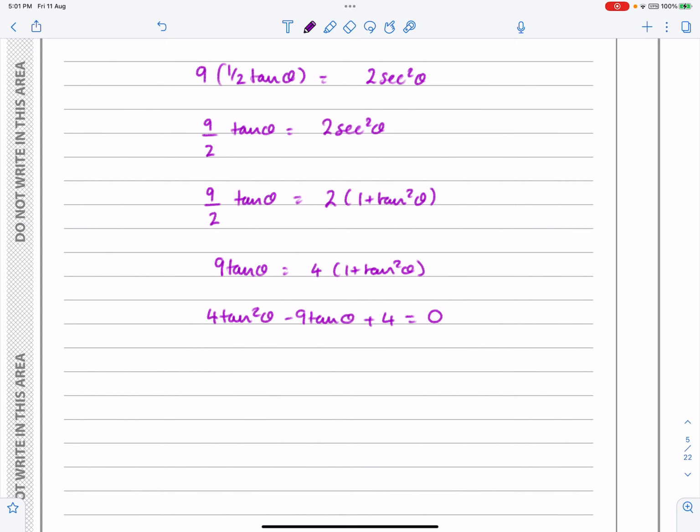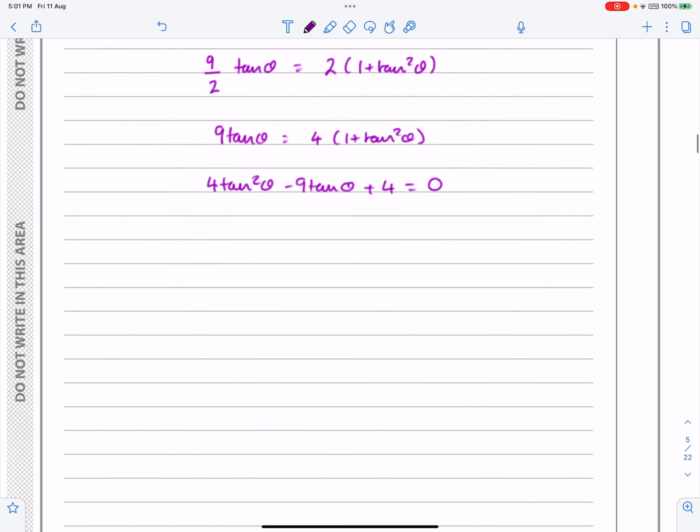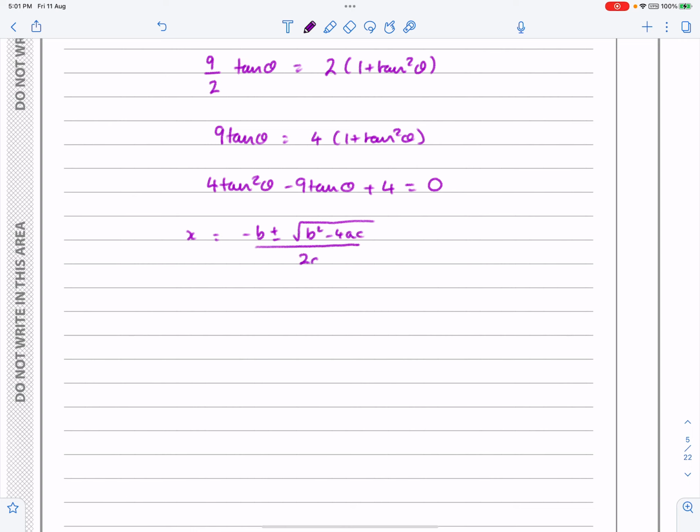Now always have a go at seeing whether this is going to factorise. You know, the examiners have set this up, so they might set it up so it does factorise out. In this case, I don't think this one particularly does, so I just use the quadratic formula on it. Quadratic formula, x is equal to minus b plus or minus the square root of b squared minus 4ac all over 2a.